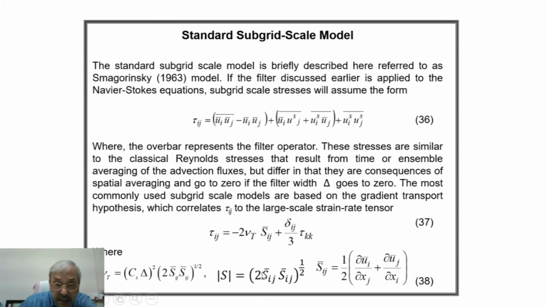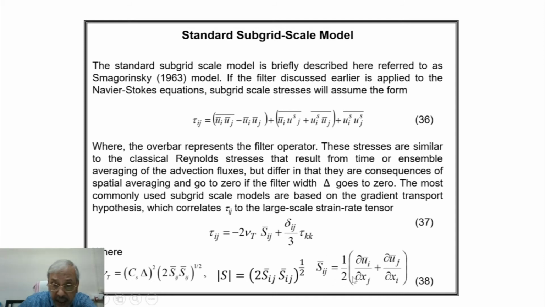S is in principle the strain rate tensor, but the variables are filtered quantities. Sij bar is half of del ui bar del xj plus del uj bar del xi. These are all filtered quantities.